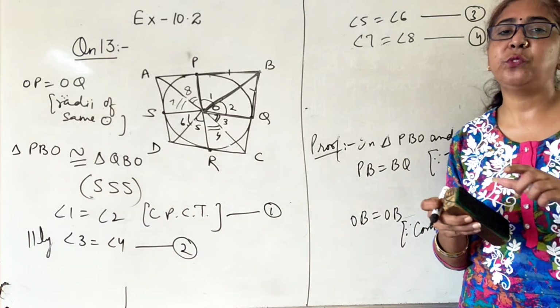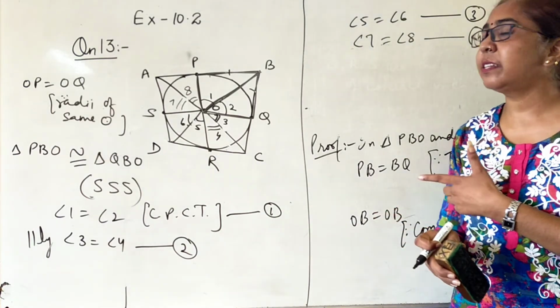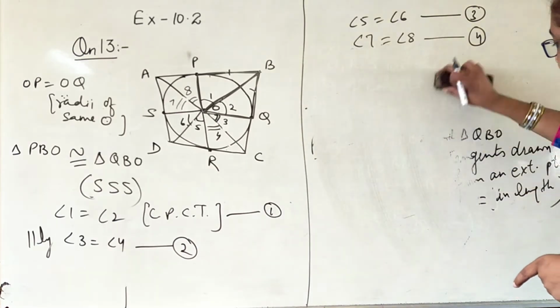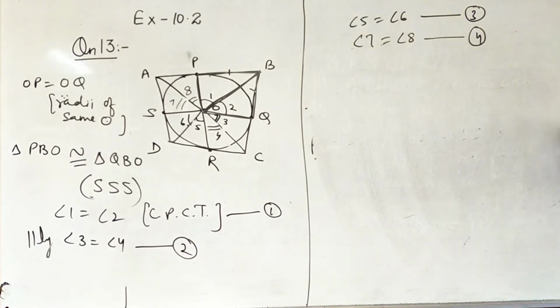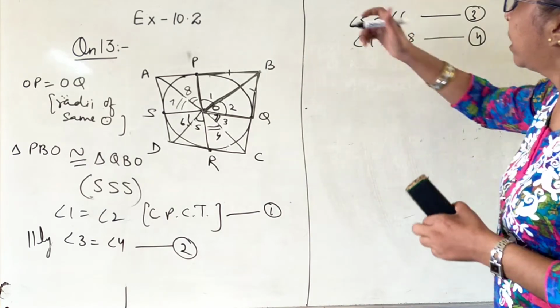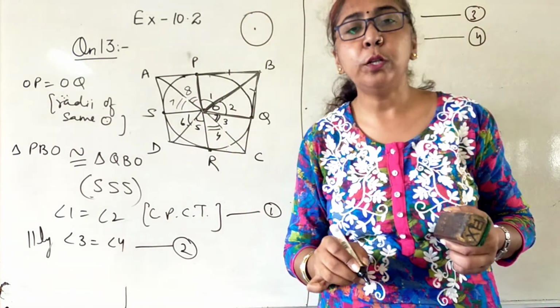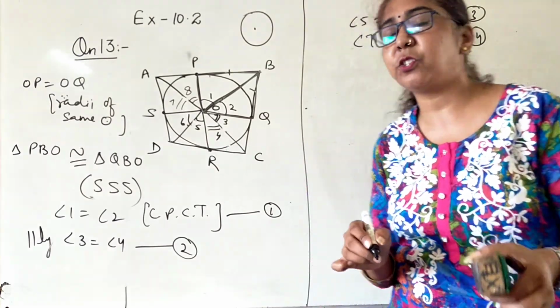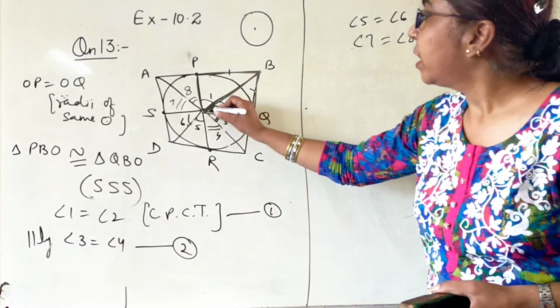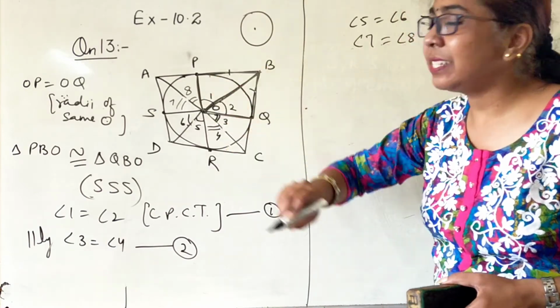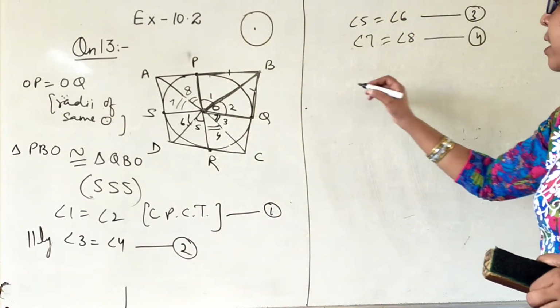Now the question is very easy. You just get it in just a minute. So you know that on a point, the angle around is equal to 360 degrees. So here also, if O is a point, then all of these angles make an angle of 360 degrees.